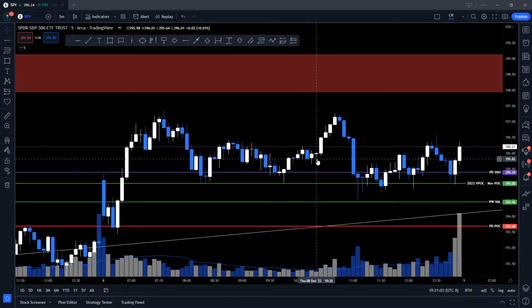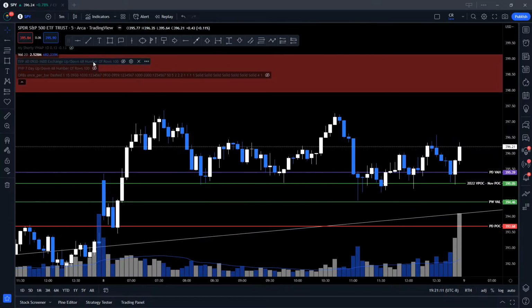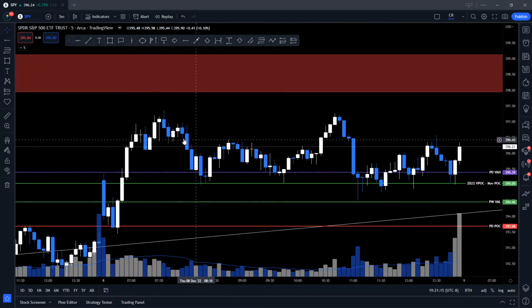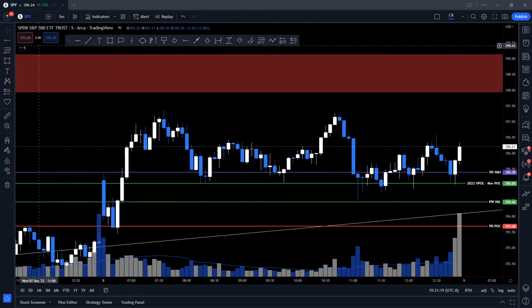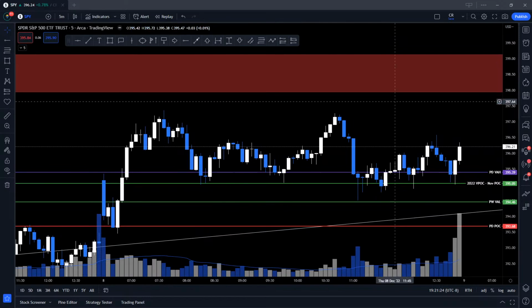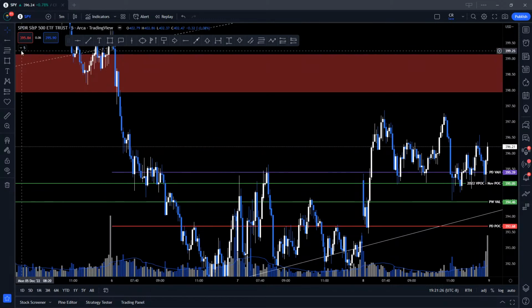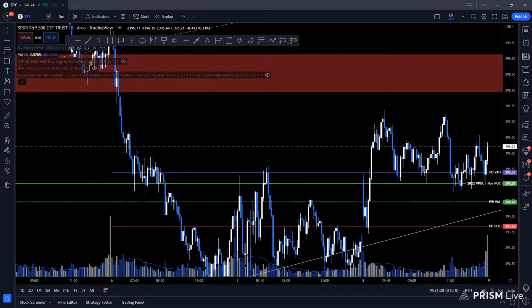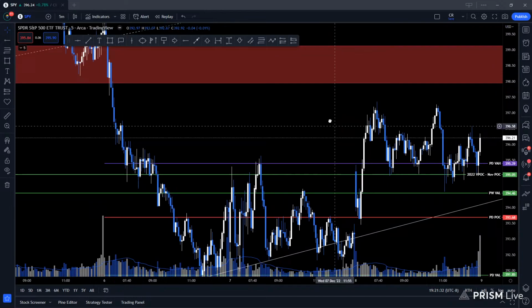I'm not trying to say that it's a bad thing. There's nothing wrong with that, but they just use a session volume profile, and then they also have a fixed range volume profile. You can get all of that stuff on TradingView for like $15 a month, and it's way cheaper than NinjaTrader. And again, nothing wrong with NinjaTrader, but it's just not the way that I do it.